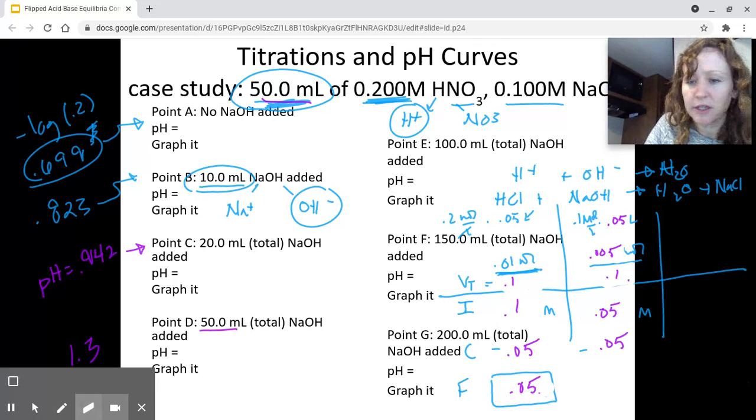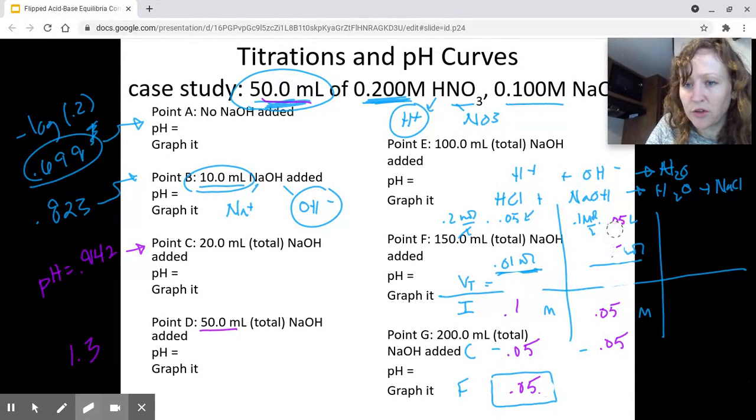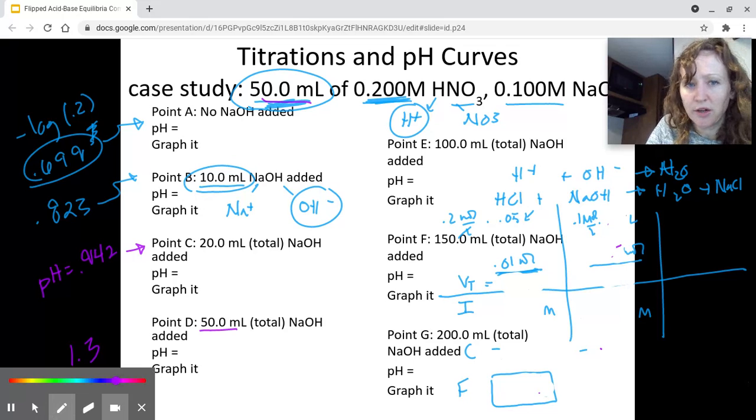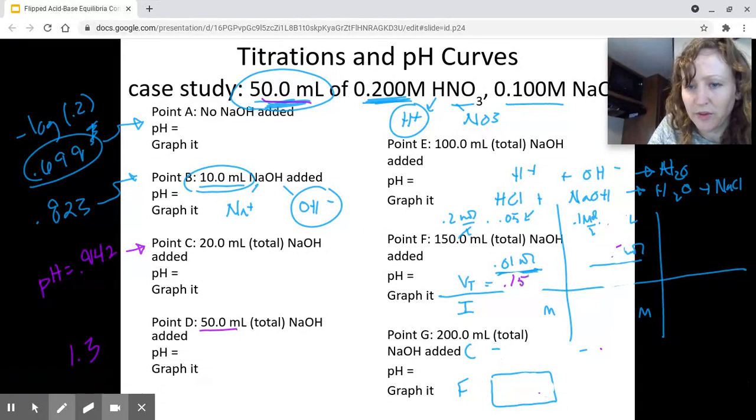And moving on. All right, now we're adding 100 milliliters. This is point E, 100 milliliters of base added. So 100 plus 50 is 150, 0.15.